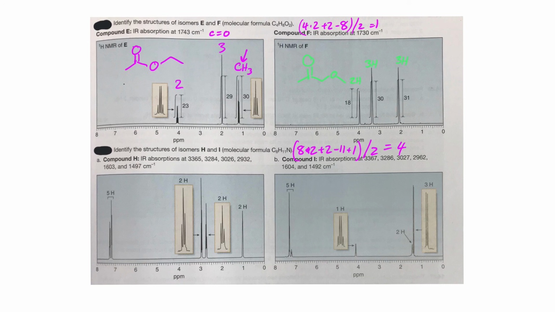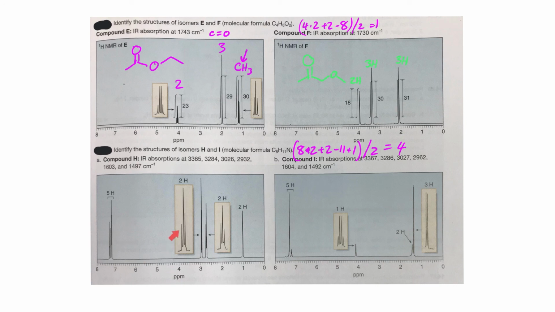So let's look a little more carefully at compound H. We see 4 hydrogen regions. Here's the aromatic region. So that again confirms that we probably have an aromatic group. And then we have these 3 regions, 2 hydrogens, 2 hydrogens, and 2 hydrogens, a pair of triplets and a singlet. So this pair of triplets must be next to each other because a CH2 that is a triplet has to have a neighboring CH2, and that neighboring CH2 would be split by the first CH2.